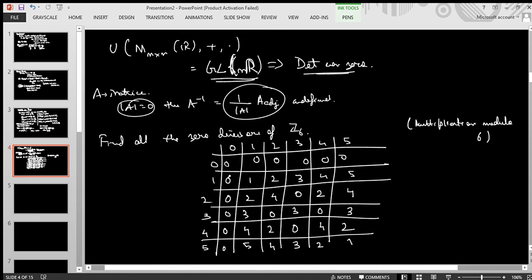See, the first row and first column, just leave them because you have 0 there. We just need to look at every grid except the first row and the first column. Here we have 0, so 2 and 3 are zero divisors.